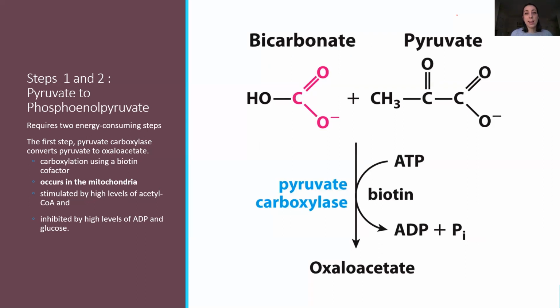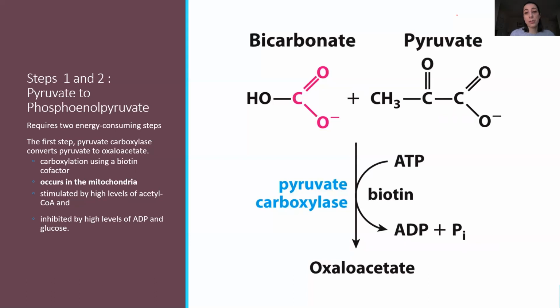This again happens through a series of two steps, which is one of the major differences between glycolysis and gluconeogenesis. And they are very energy consuming. This step in particular, going reverse of pyruvate, is the energy consuming portion of the whole phase of gluconeogenesis.